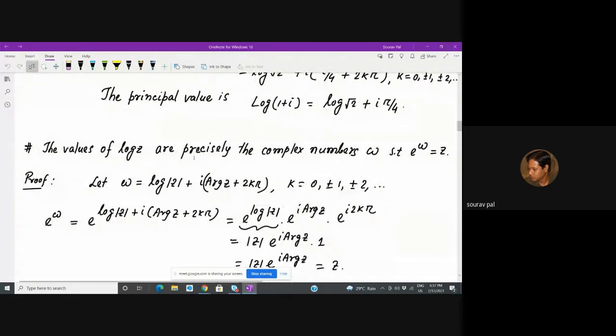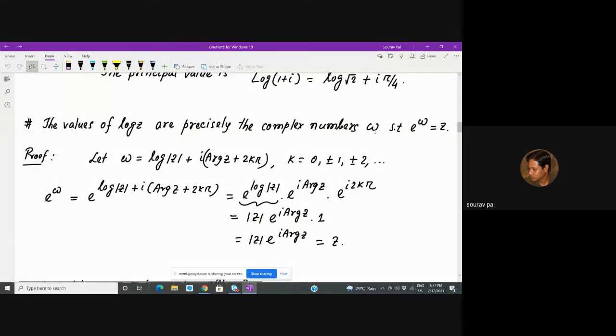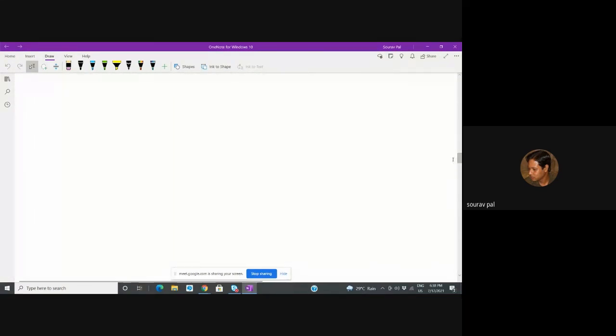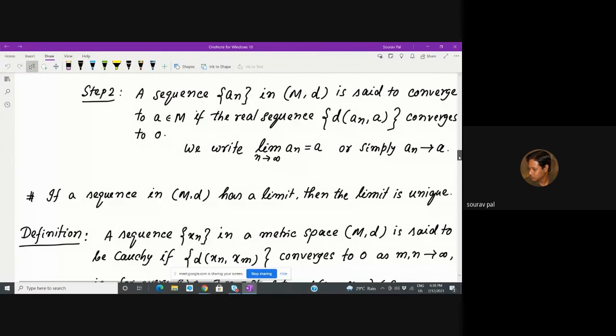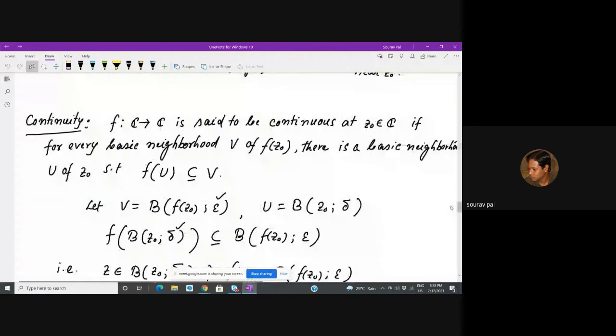The values of log z are precisely the complex numbers w such that e to the w equal to z. So what are the possibilities? This is given in terms of numbers, but the notion is clear that the exponential function is the reverse of the logarithm.